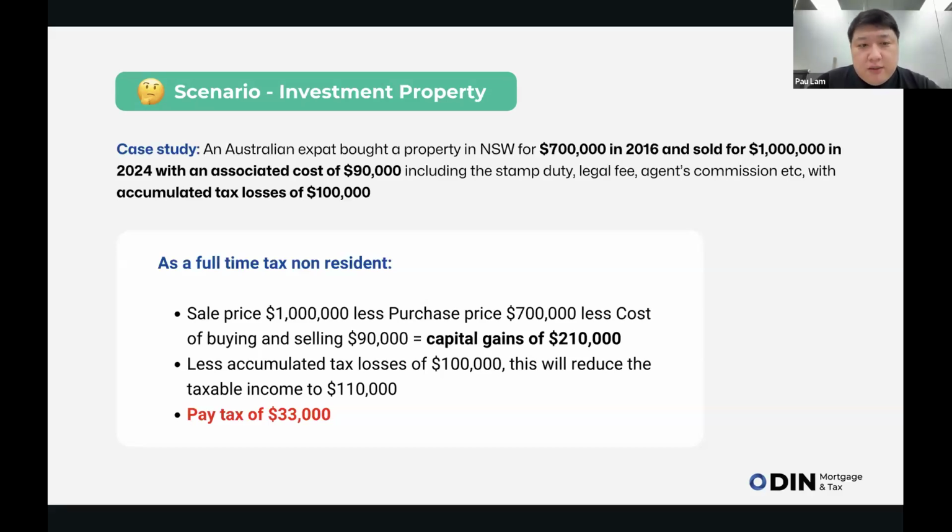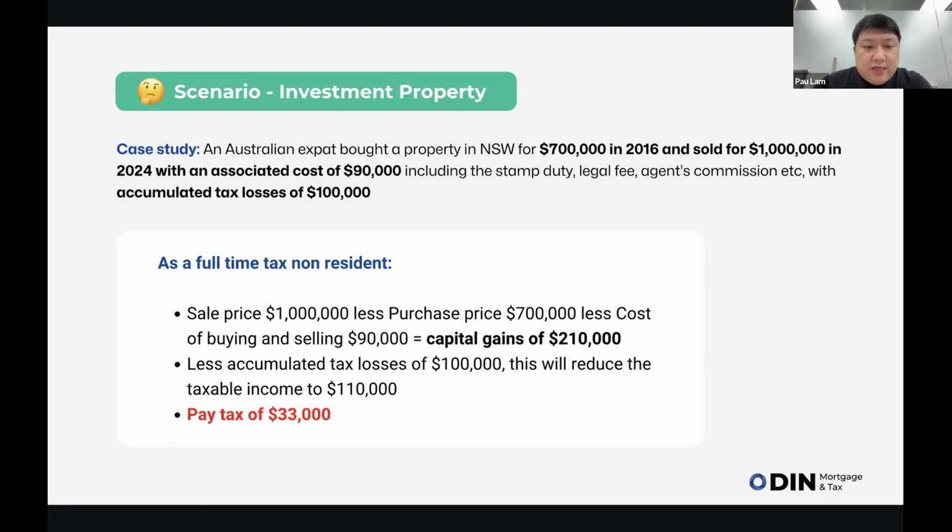However, because you have accumulated losses, that $100,000 will kick in and help you minimize the income for the year. So instead of $210,000 income for the year, you will only have $110,000, and then you pay tax on the $110,000, which is 30% as a non-resident.